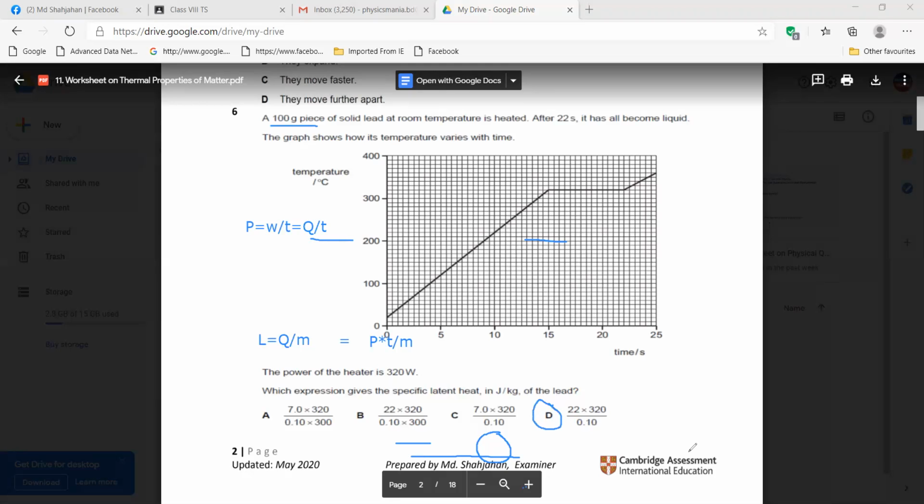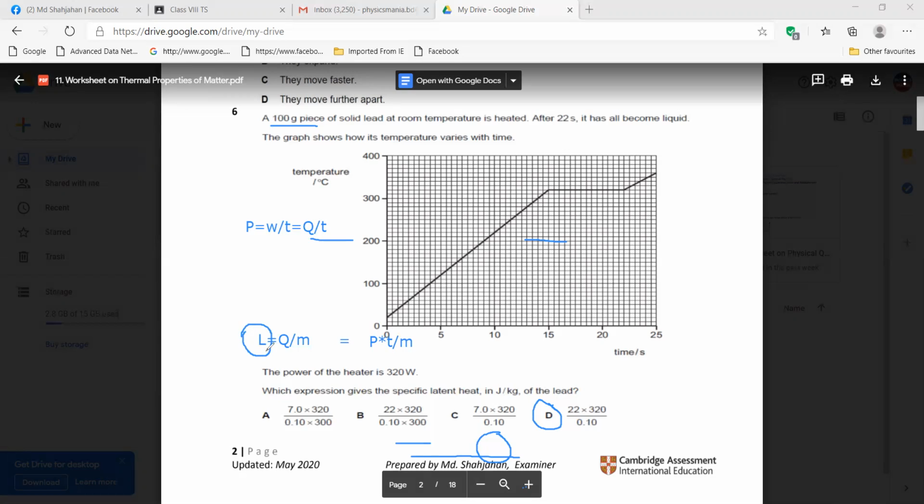Look, we are not getting anything outside of our knowledge. We know the formula, we know all the values, but we have to analyze. We have to think about the questions, and we should relate and connect one equation with another equation. First, you have to fix your target. Your target is to get specific latent heat.